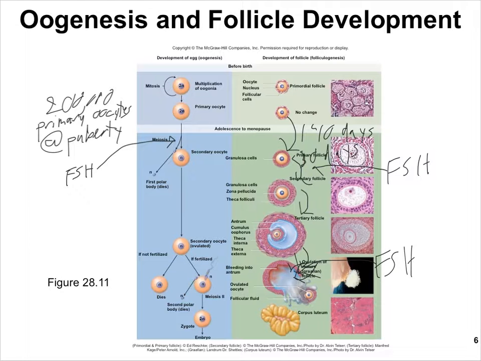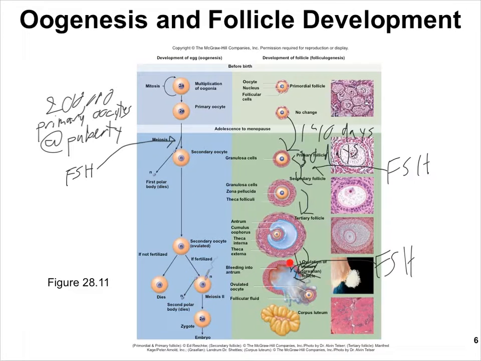And the pressure in here begins to build up and up and up and get higher and higher. And we'll talk about the hormonal reasons why that happens. And that causes it to push harder and harder against the ovarian wall until eventually it basically pops through the wall, and the ovum and a few follicular cells surrounding it are ovulated.